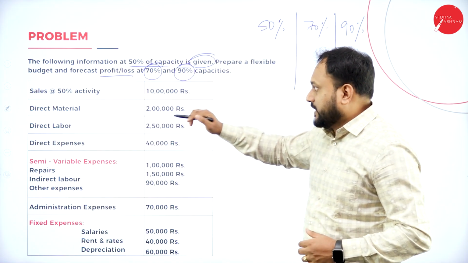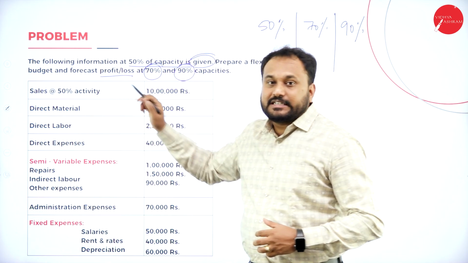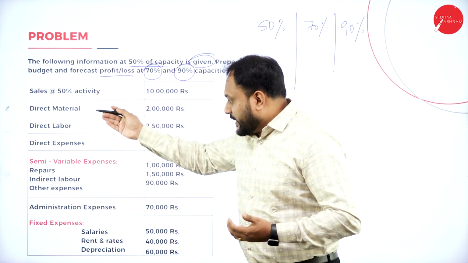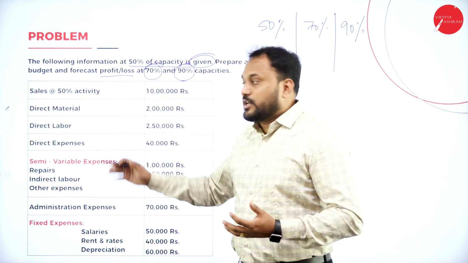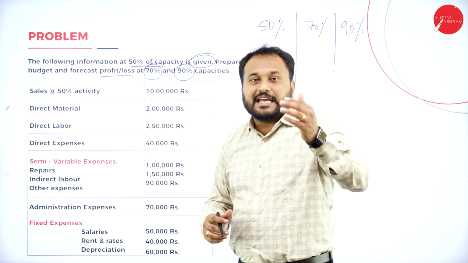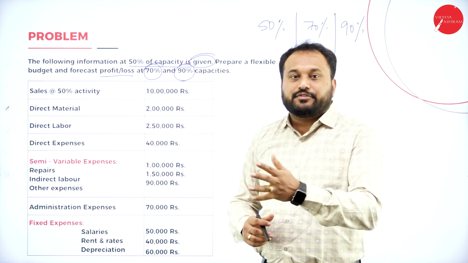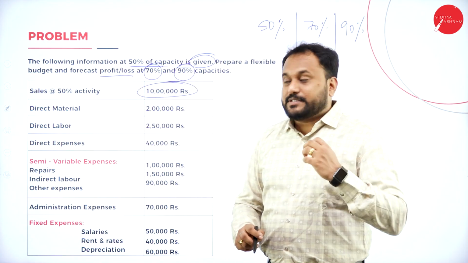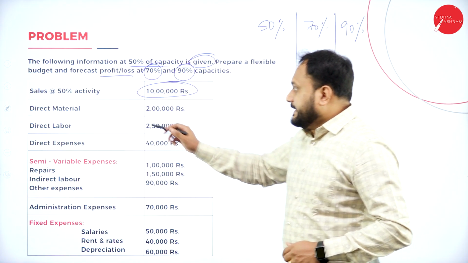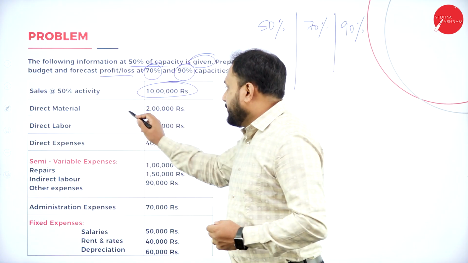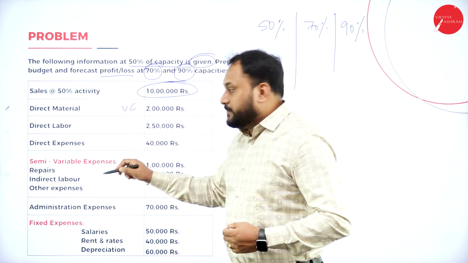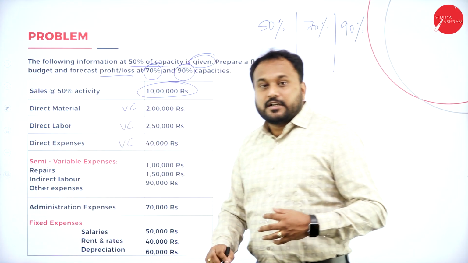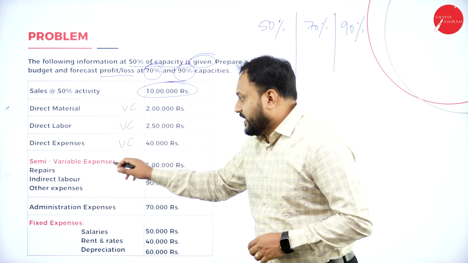Now they have given sales at 50% activity. They have only given sales. Whenever you calculate the total cost, you are supposed to go with the sales as well. So sales minus total cost gives profit or loss. Here 10 lakh rupees is the sales at 50% capacity. Now they have given direct material, that means variable cost. Direct labor, variable cost. Direct expenses, variable cost. Now they have only given something called semi-variable expenses.